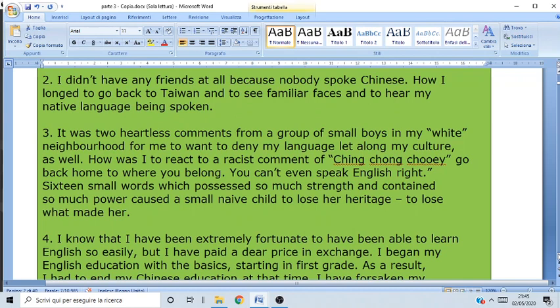I didn't have any friends at all because nobody spoke Chinese. How I longed to go back to Taiwan and to see familiar faces and to hear my native language being spoken.